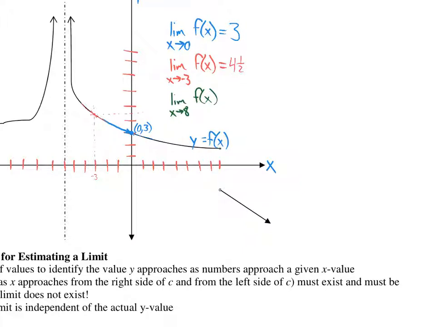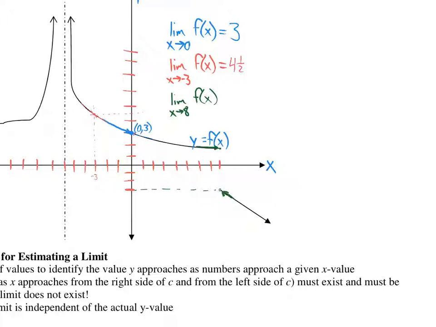If we come from the left-hand side, it's approaching about 2. From the right-hand side, however, as we approach 8, our y value is approaching whatever that is down there. Let's say that that's -3. So on the left side we're approaching 2, but on the right side we're approaching -3.